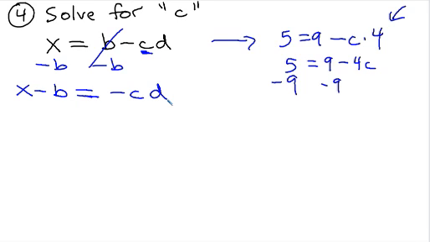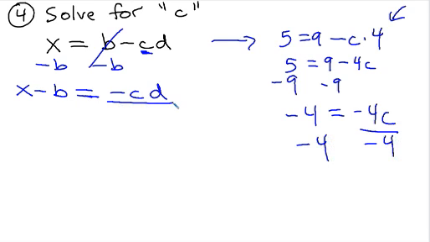So let's go back to our planning problem and see what we've got. We have negative 4 equals negative 4C. So what would I do on my planning problem to finish solving it? We would divide both sides by negative 4. So on my real problem, what letter was replaced with a 4? D. So we're going to divide both sides by D, but do you see this negative out here?